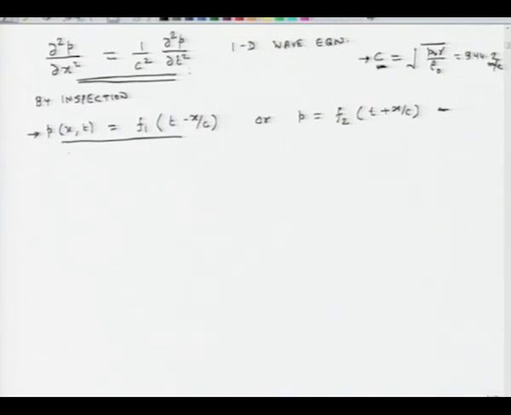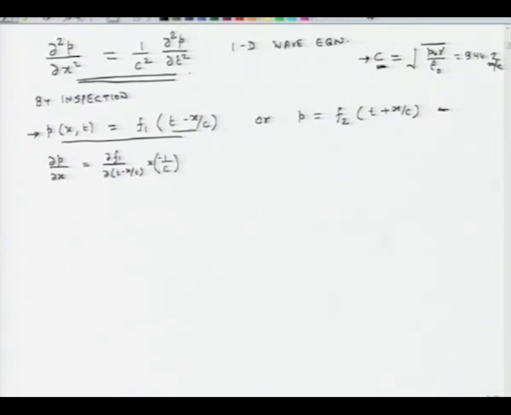So I know that del p over del x, if I use this relation, is del f1 with respect to t minus x over c, times the derivative of this entire term t minus x over c with respect to x. So that is negative 1 over c.